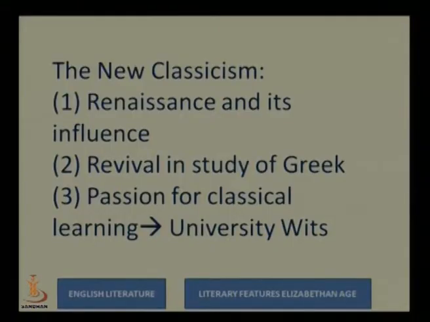We look at the next point, which talks about the passion for classical learning. This was something which was very evident in the university wits, the seven great scholars who studied at the Universities of Cambridge and Oxford, who started writing, unlike Shakespeare, who was not so learned.